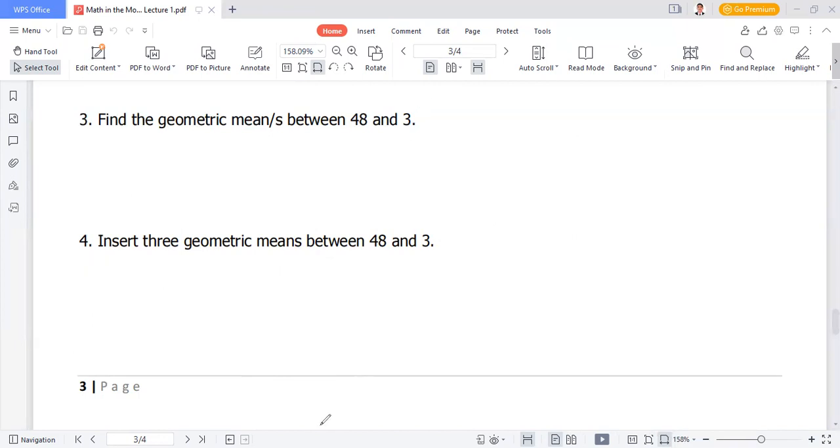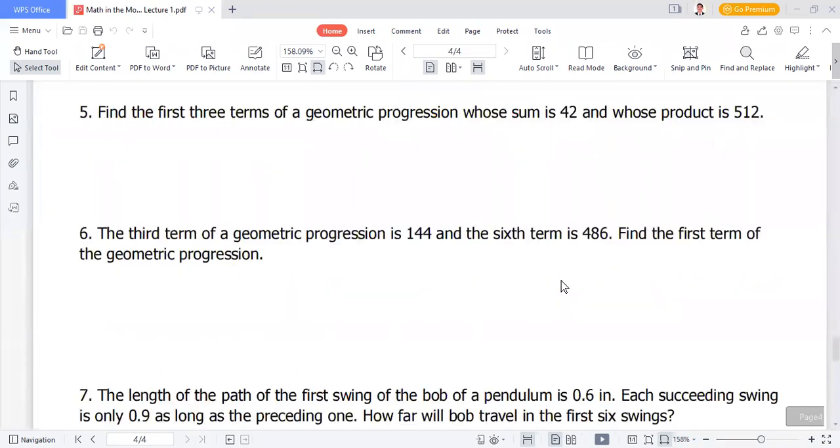So, punta tayo sa last page ng lecture. So for our last page, number 5. Okay, find the first 3 terms of a geometric progression whose sum is 42 and whose product is 512.